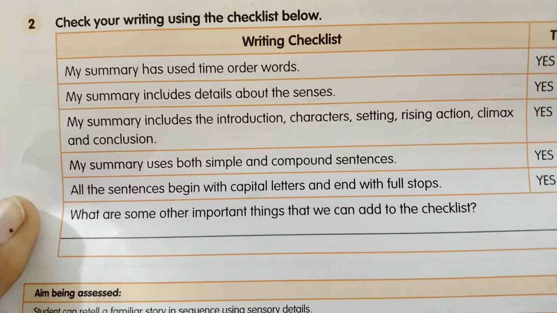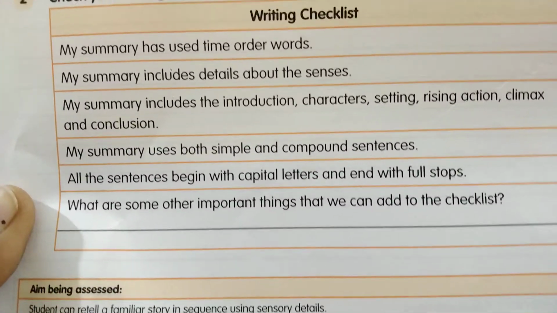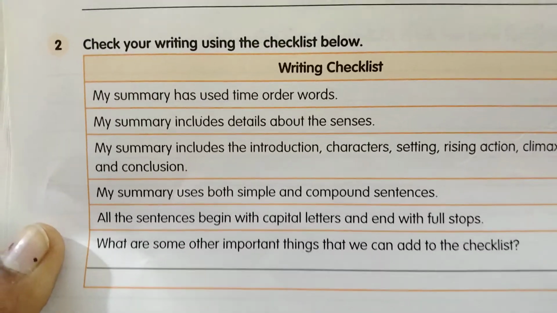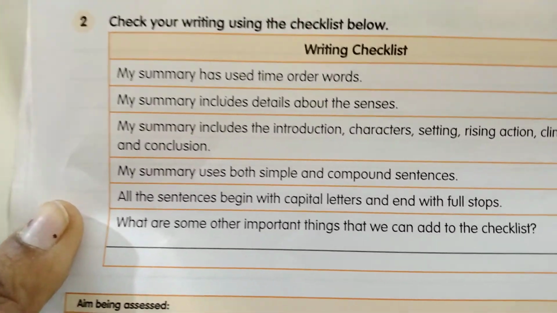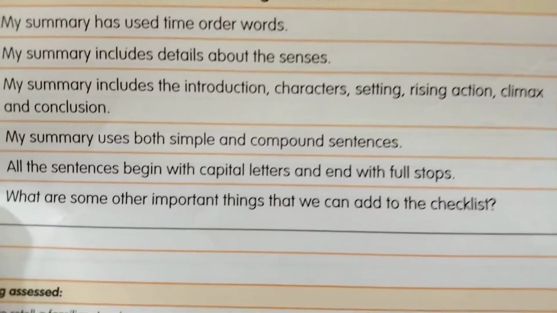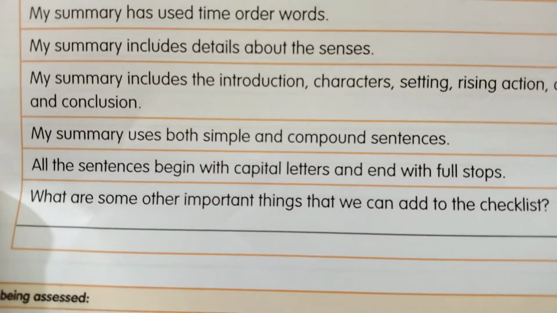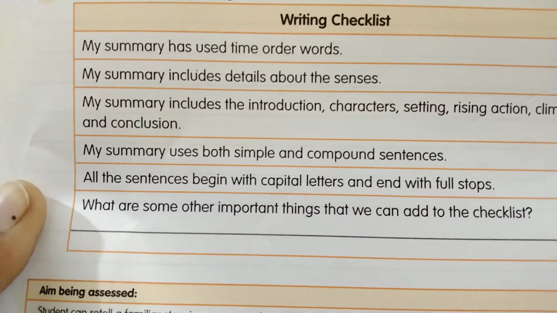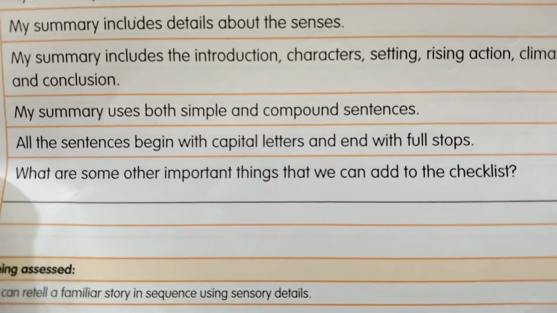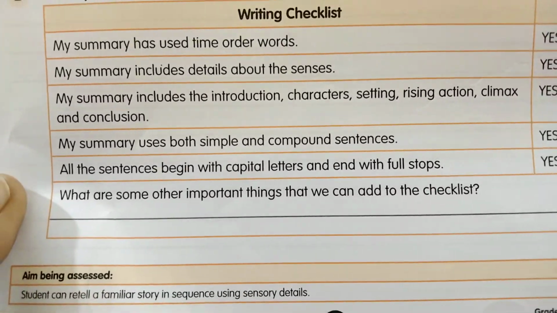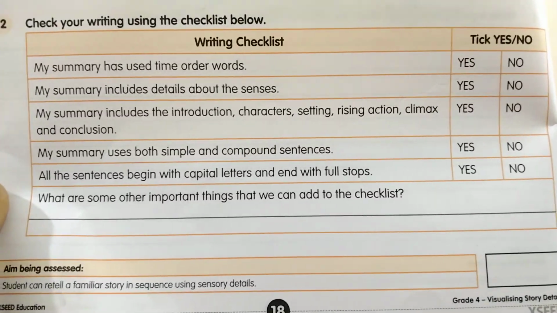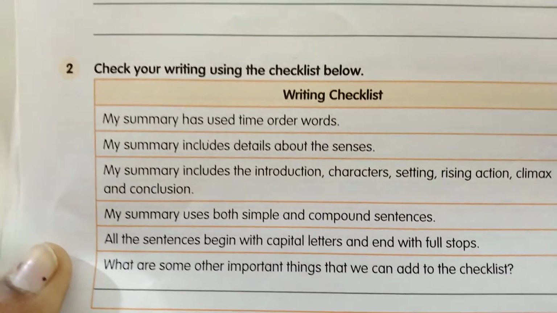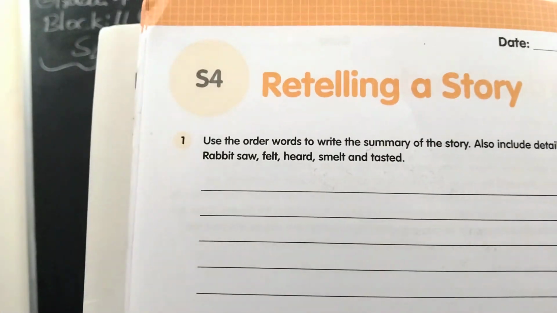Compound sentences are sentences which contain the FANBOYS, that means the conjunctions. Try to use the conjunctions in between, and write some simple sentences according to usage. Check that all your sentences begin with capital letters and end with full stops. And if you want to add some important things to the checklist, you can write one sentence here about what is really required to write a paragraph on the summary.